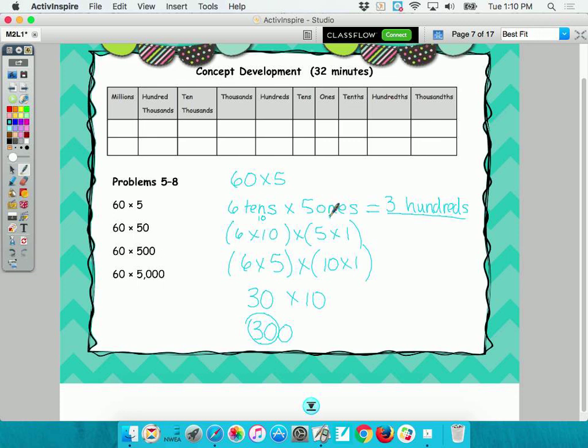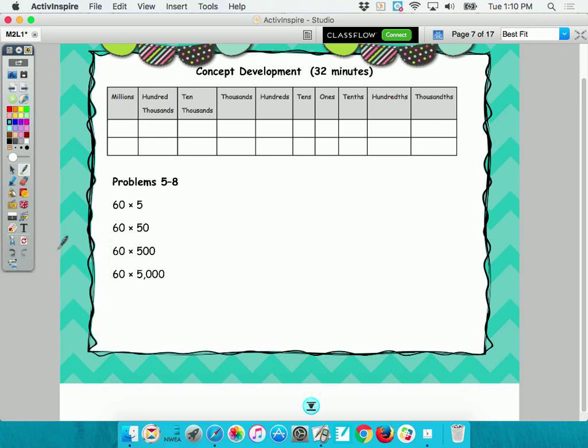Okay, let's make one. Let's do one that's a little harder. Go ahead and erase. Let's do 60 times 500. Oh, I thought you were gonna say 5,000. I know what you wanted. Okay, so unit form.